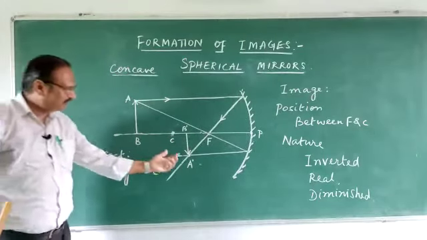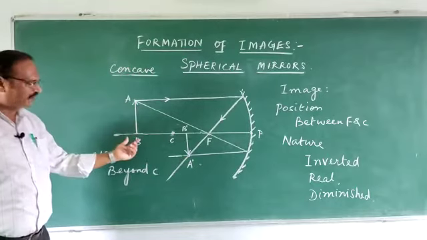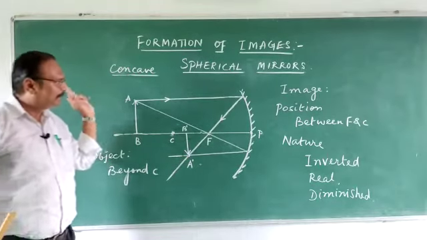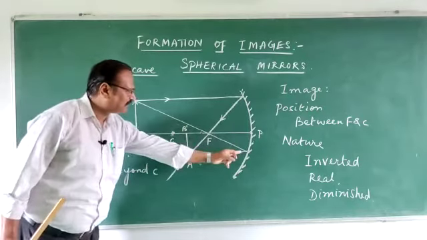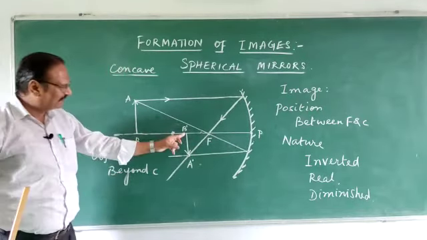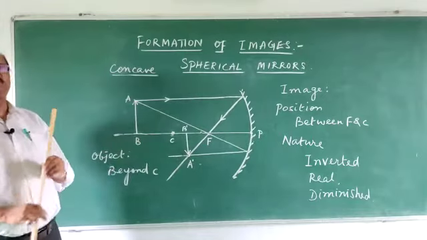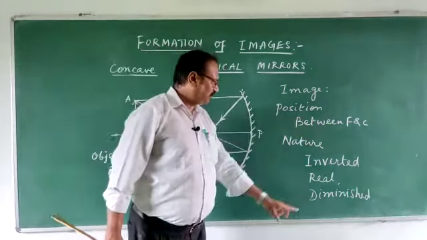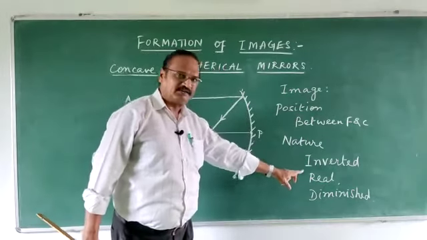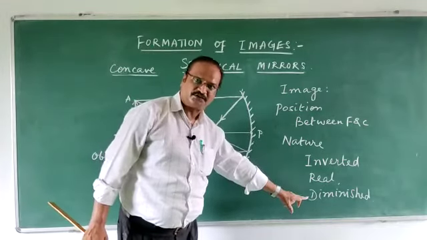In order to locate the image, the object is there, take from the tip, parallel to the principal axis, pass through the focus. Pass through the focus becomes parallel, right? And this is the point where the image is formed, and the image formed is positioned between F and C, and nature is inverted, real and diminished.